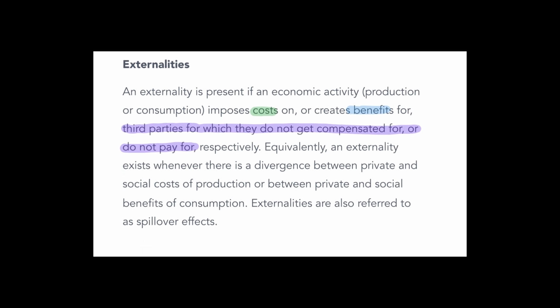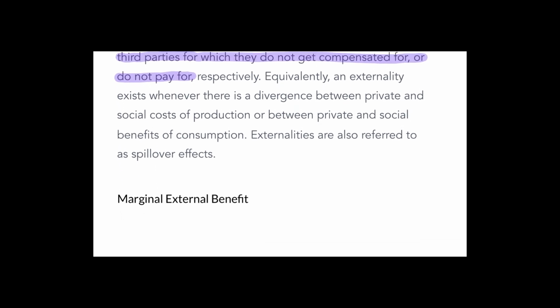Now, within this there are four ways we can go in our discussion. First, marginal external benefit. External benefits are the third party effect. Now, this third party effect can be positive, so we're going to call it positive externality.